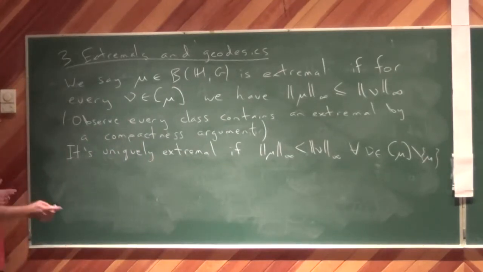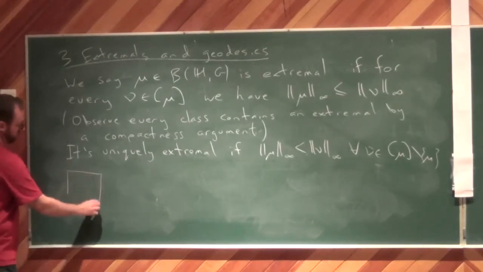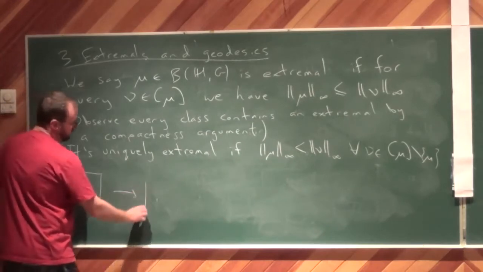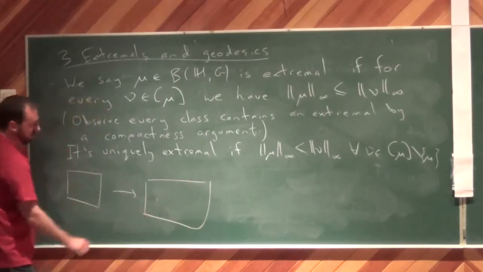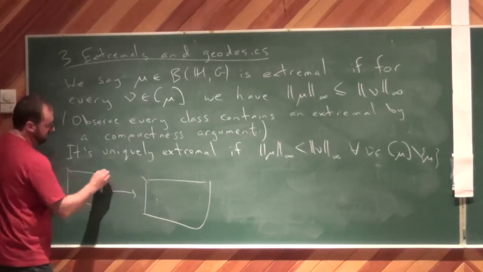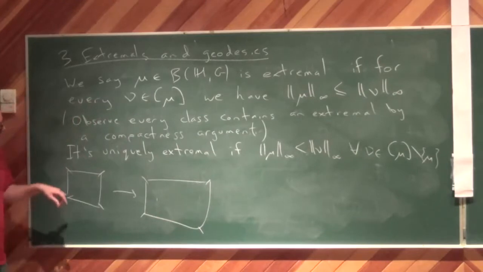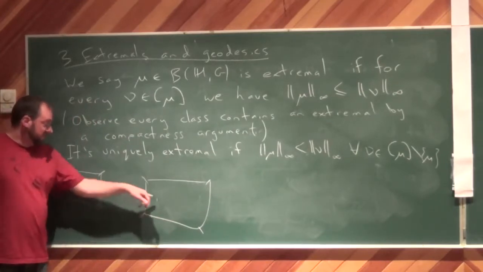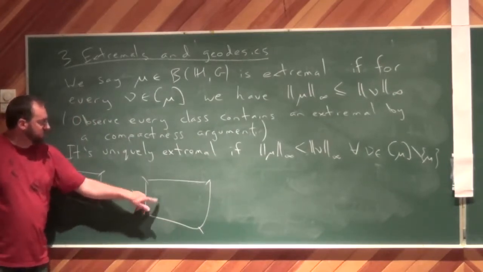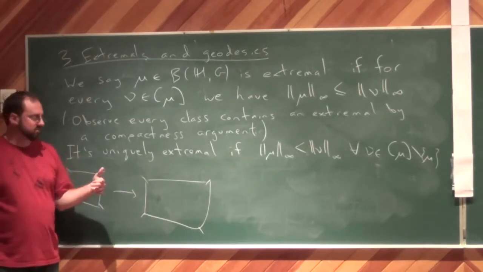So if we recall the Grötzsch argument that we had back in lecture 1, that was to do with quasi-conformal mapping from one rectangle to another, which sent the vertices to the vertices respectively. And we said that the smallest dilatation quasi-conformal map that you can have that does this from here to here is just a stretch.